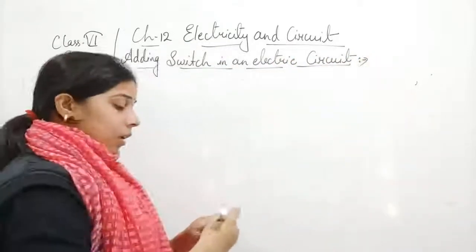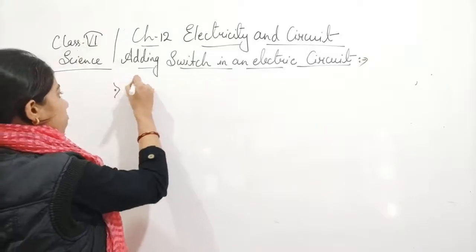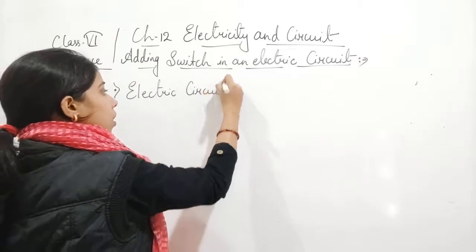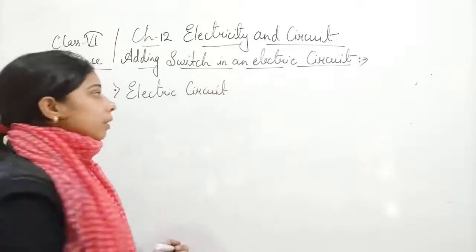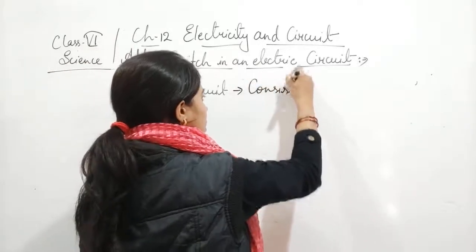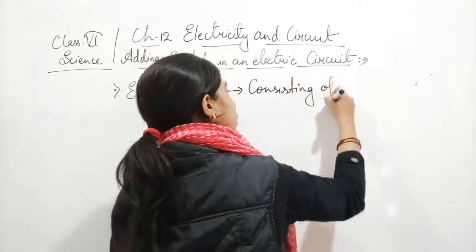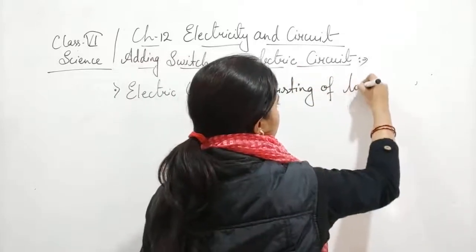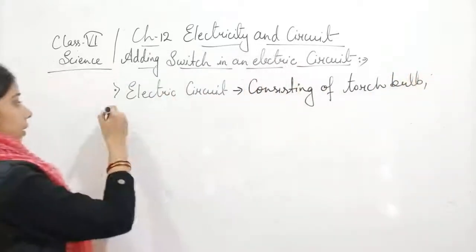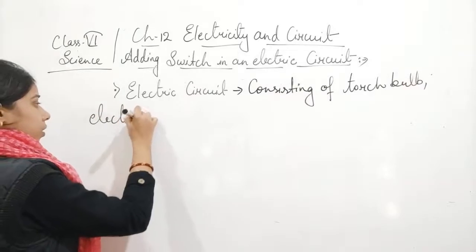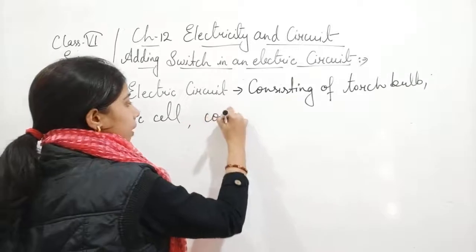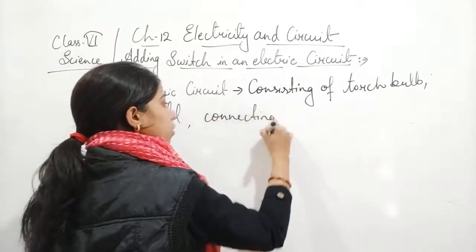You see, before that, when we were talking about the electric circuit, what we saw here was that it consists of a torch bulb, an electric cell, and connecting wires.